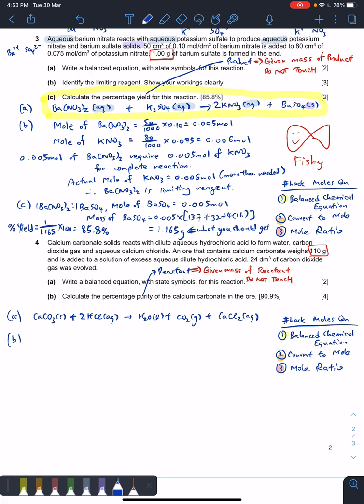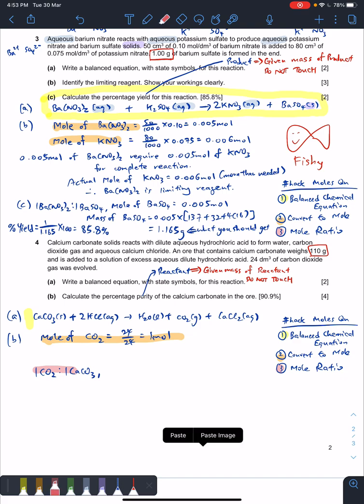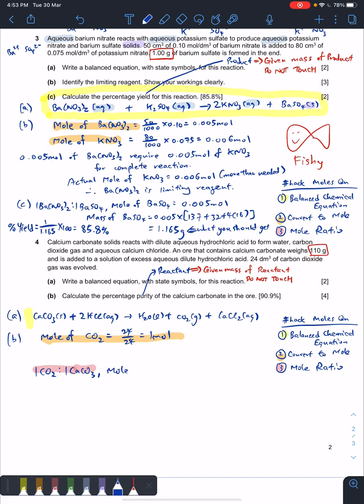So now let's do the second step. Let's convert. 24 over 24 equal to 1 mole. Alright. Then we can do the mole ratio. 1 CO2 is to 1 CaCO3. So mole of CaCO3 is the same.